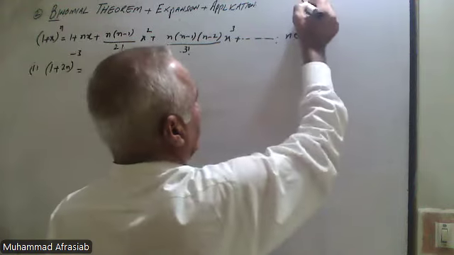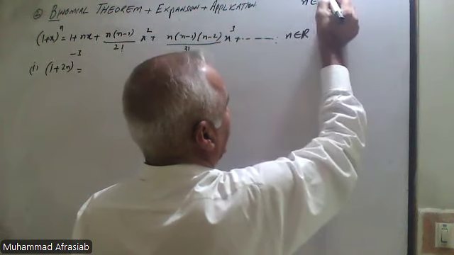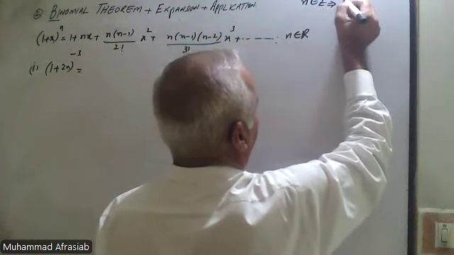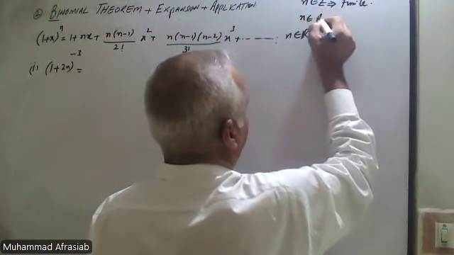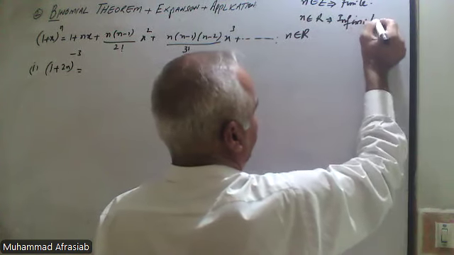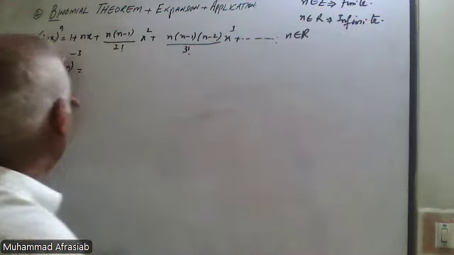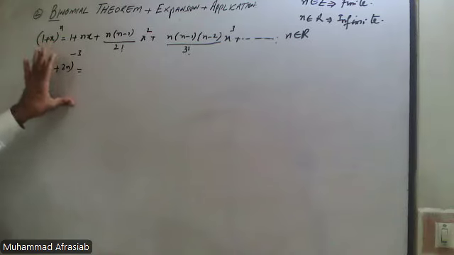But one thing I should tell you in the beginning, that whenever n is a positive integer, then they always have finite terms. And when n belongs to all real numbers, then it will have infinite terms. So here n is minus 3, which is not a positive integer, but it is a real number. So it has infinite terms, and we can use this formula for the application.